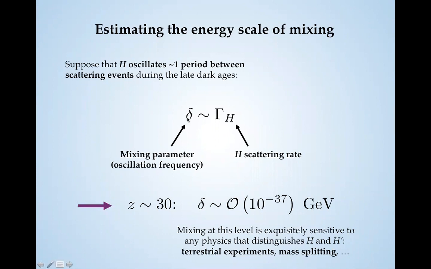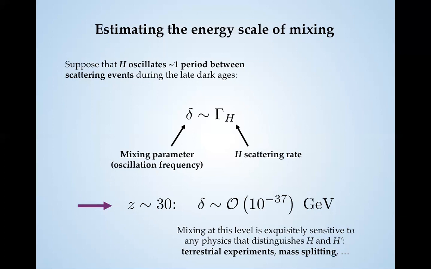Well, then in other words, the mixing parameter delta, or the oscillation frequency, should be comparable to the hydrogen scattering rate at whatever redshift. So evaluating this at a redshift of about 30 tells us that delta should be on the order of about 10 to the minus 37 GeV.